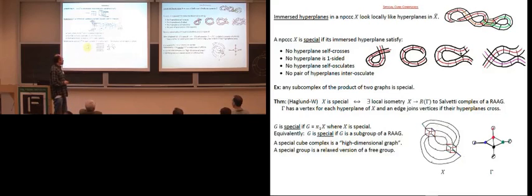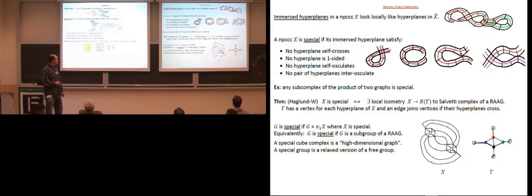So, all right. Well, it turns out the following thing holds, that X is special if and only if there's a local isometry from X to a Salvetti complex of a rag. Okay? So remember what that meant? It meant that there's a local isometry from the non-positively curved cube complex X to the non-positively curved cube complex associated to a right-angled Artin group.